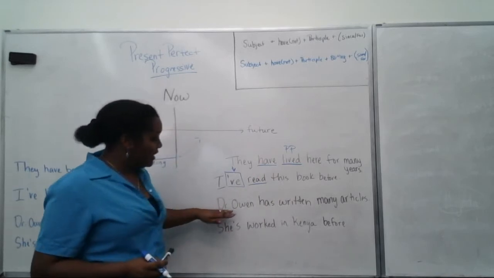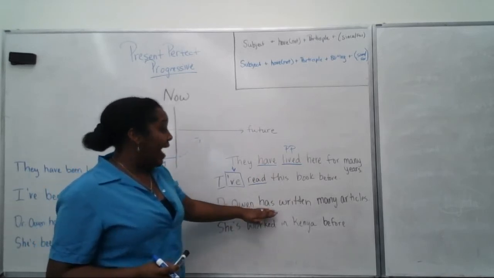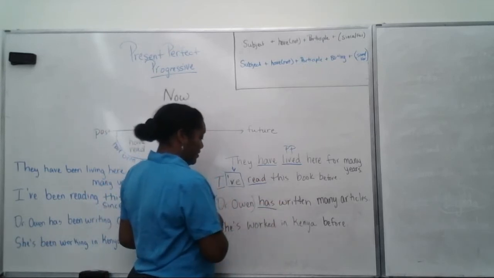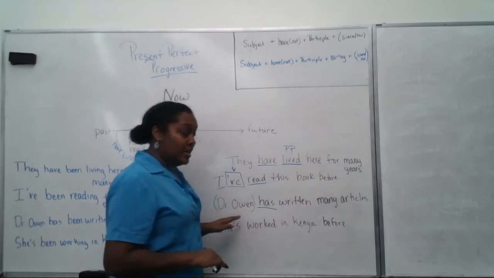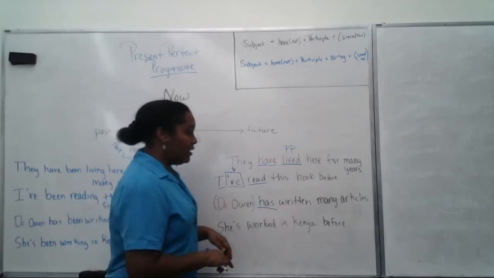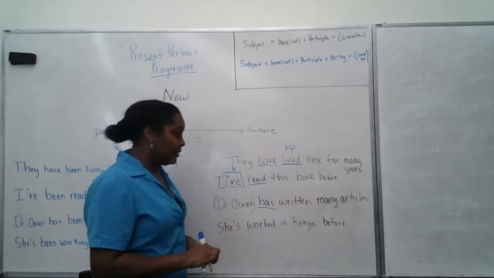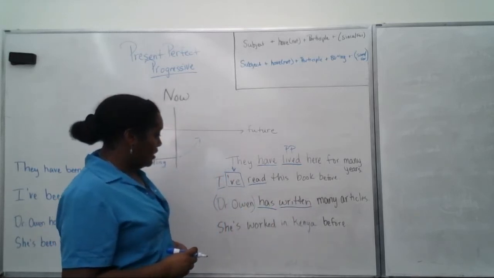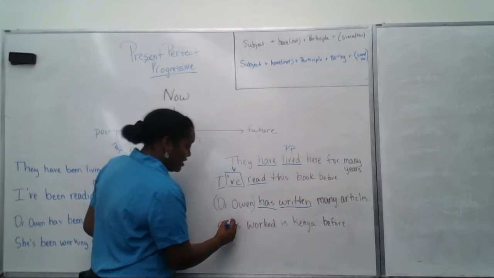Another example, Dr. Owen has written. So we say has because this is third person. Okay? He has written many articles. Okay? That's your participle. She's. Notice the contraction here.